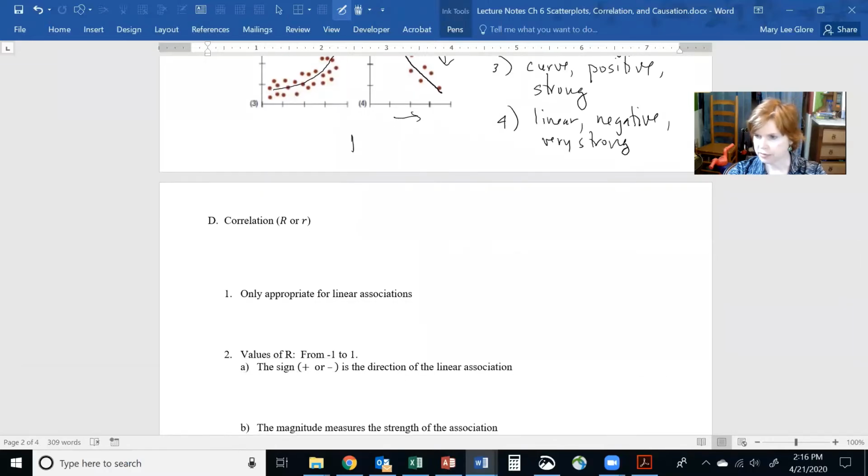Correlation. Correlation is a statistic. And remember what a statistic is? It's a calculation from data.